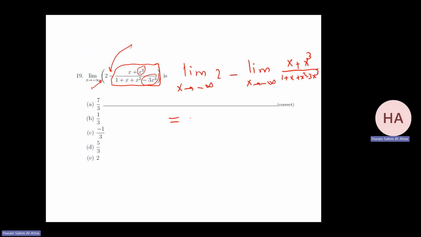So what is this? 2. And this one is 1 over minus 3, leading coefficients. I have this and this, which is what? 2 plus 1 over 3, 6 over 3 plus 1 over 3, that will be 7 over 3. That will be the answer.